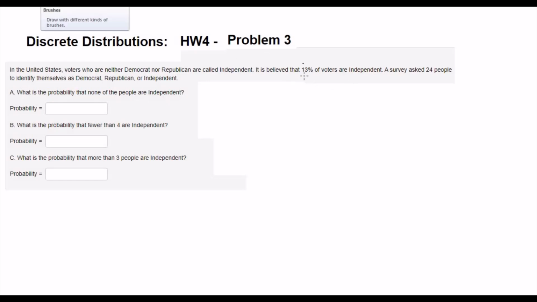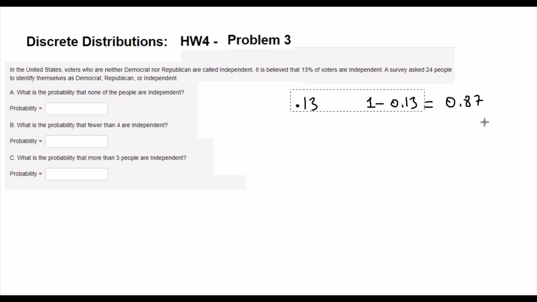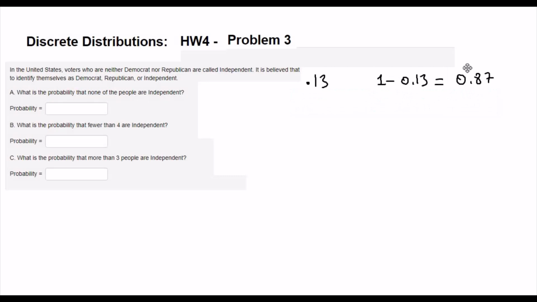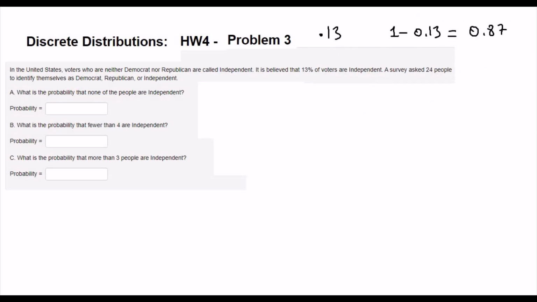So we know that the probability that people are independent is 0.13. So the rest, 1 minus 0.13, is either Republican or Democrat, which is 0.87. So those are the parameters we're going to use for the rest, so I would like to keep it here.